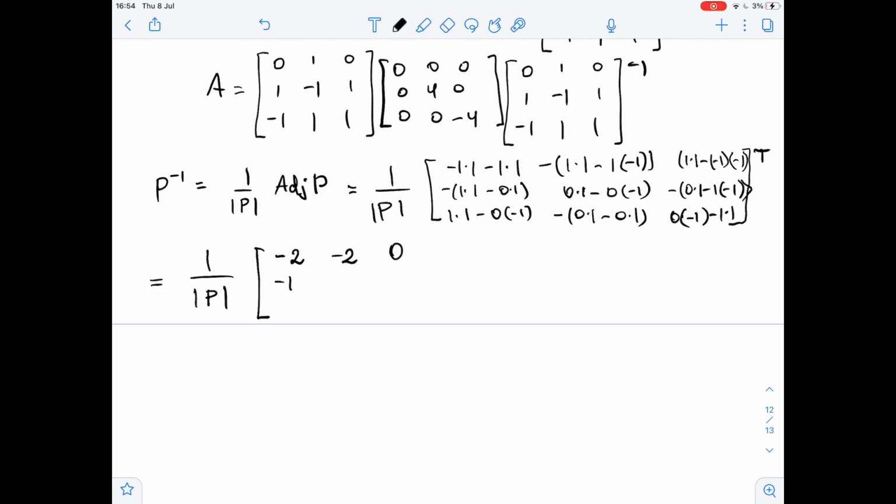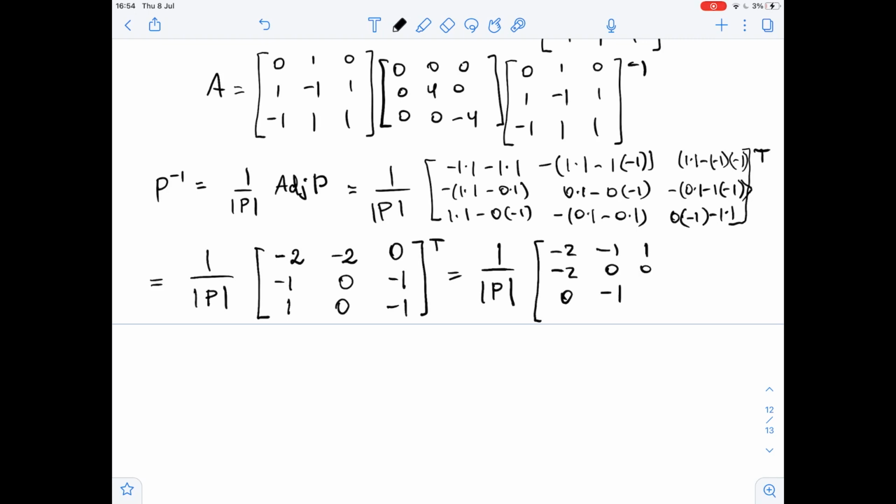Here we have 0 minus 0, so it's 0, -0 plus 1, so it's -1, 1 minus 0, so it's 1, 0 minus 0 is 0, and 0 minus 1 is -1. Transposed. Now let's write down the transpose of this matrix. It's -2, -2, 0, -1, 0, -1, 1, 0, -1.